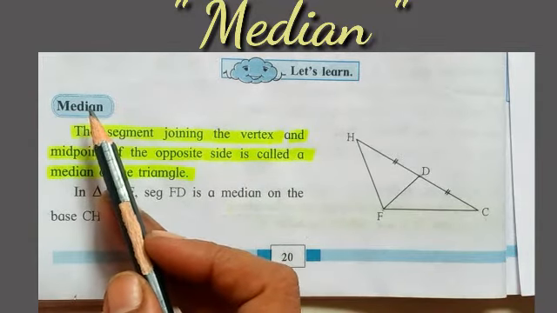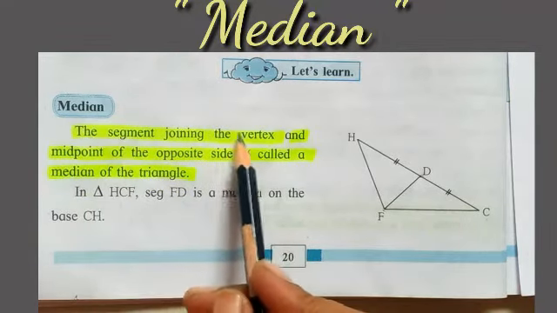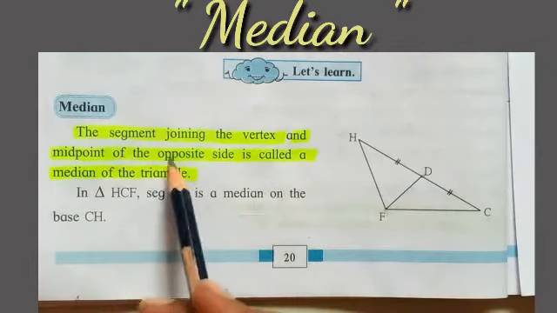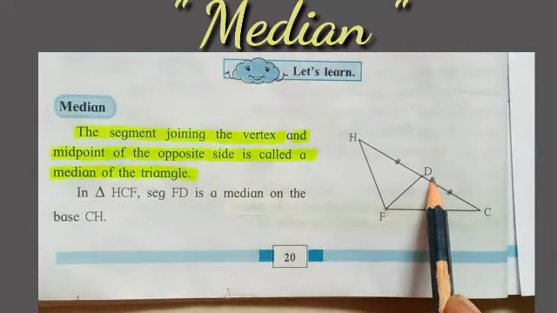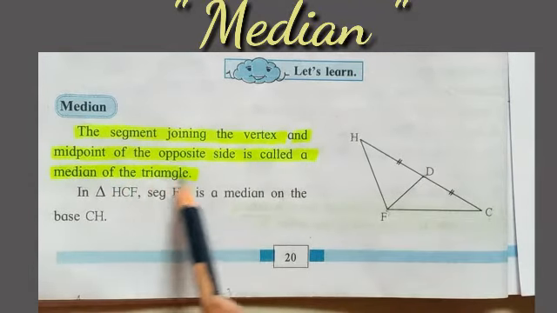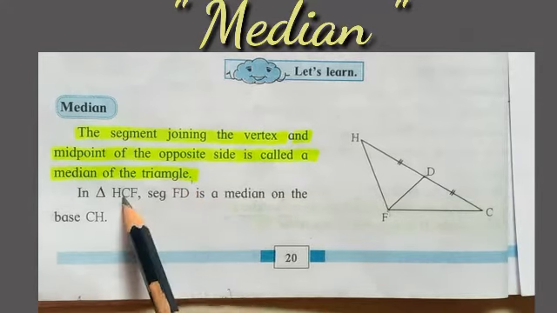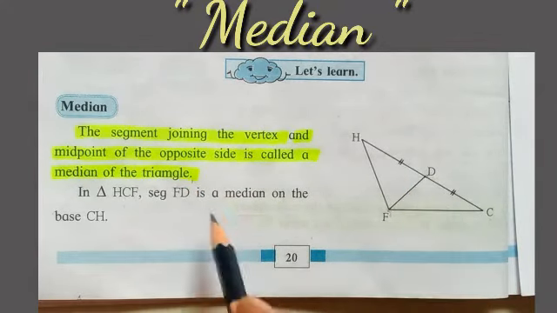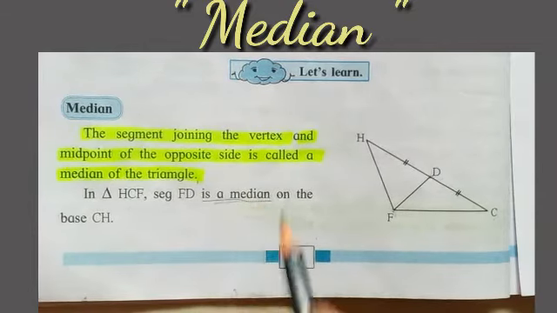See the definition now. The segment joining the vertex and the midpoint of the opposite side is called a median of the triangle. So in the triangle HCF, segment FD is the median of the triangle.